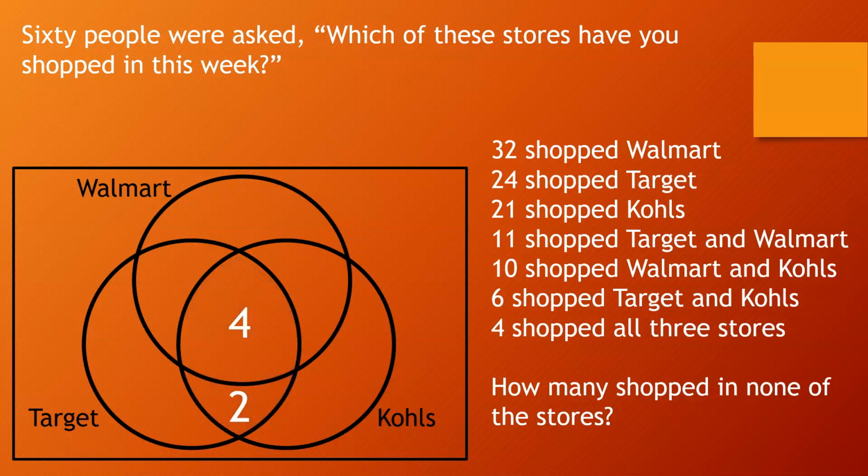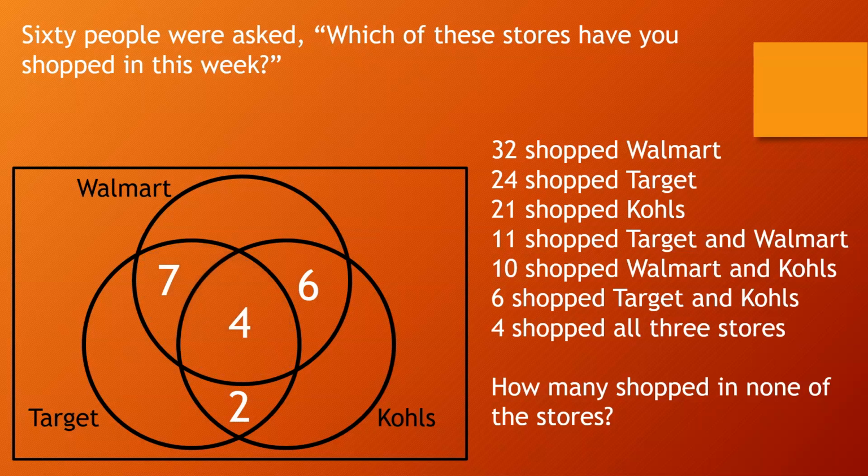Working our way up again, 10 shopped at Walmart and Kohl's. That's this part of the Venn diagram. That's supposed to be 10 in all. We know where 4 of those people are, so the remaining 6 have to be here. Still working up, 11 shopped at Target and Walmart. We know where 4 of the 11 are, so the remaining 7 have to be here.